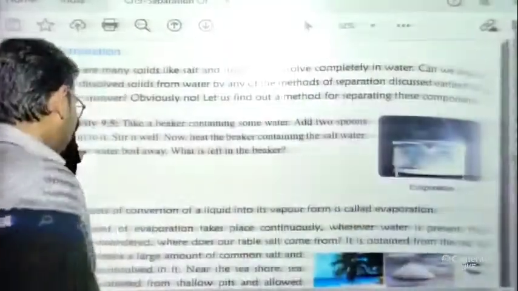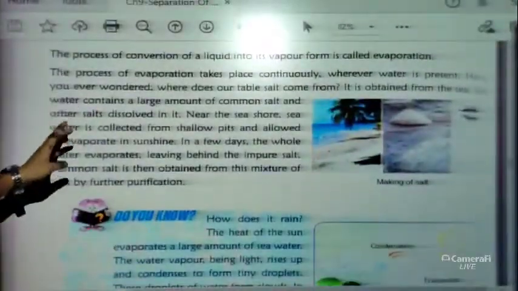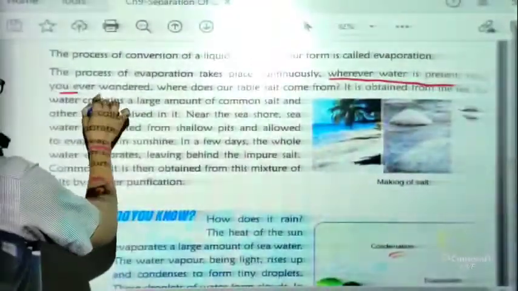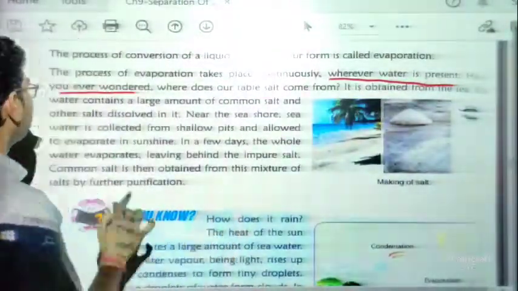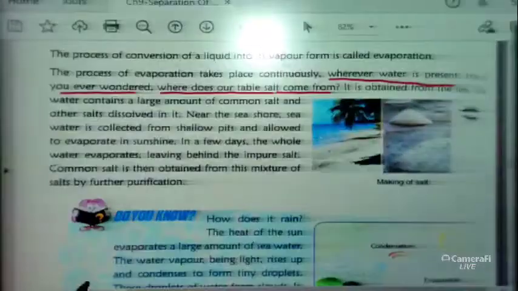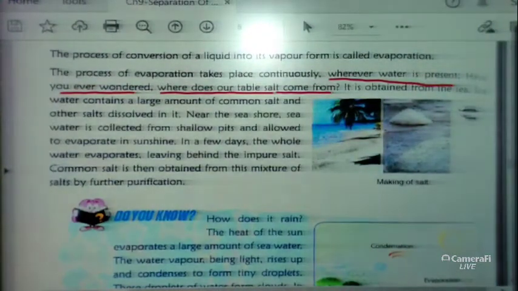Now students, one more thing about this process is that evaporation takes place continuously. Okay. Whenever water is present, you will find the evaporation process. Now have you ever wondered where our table salt comes from? The salt that we are using, where does this salt come from?